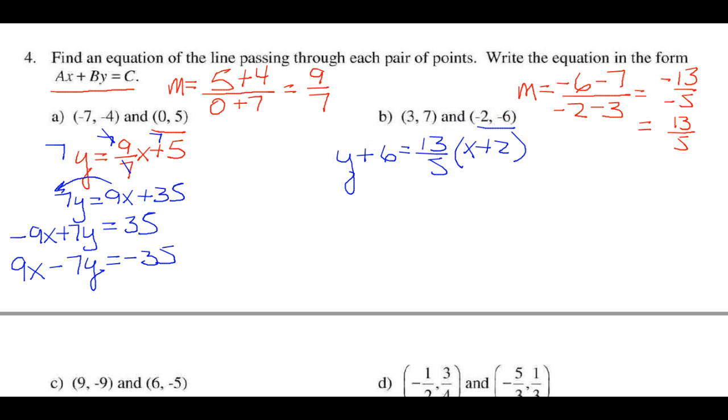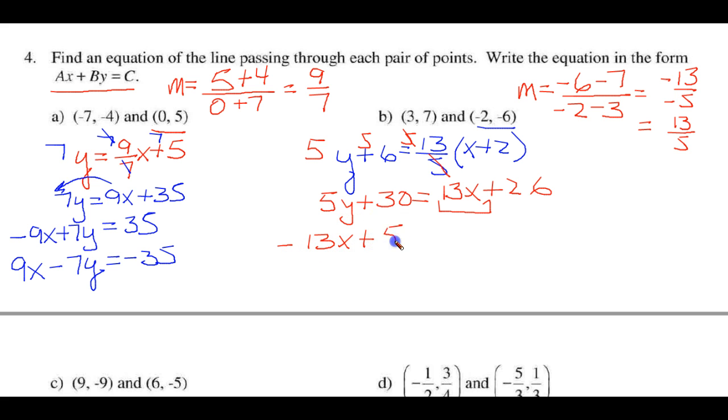Here we want to get rid of all our fractions, so multiply each term by 5. Here the 5's cancel out, so we end up with 5y plus 30 equals 13x plus 26. Going to transpose that, becomes a negative 13x plus 5y.